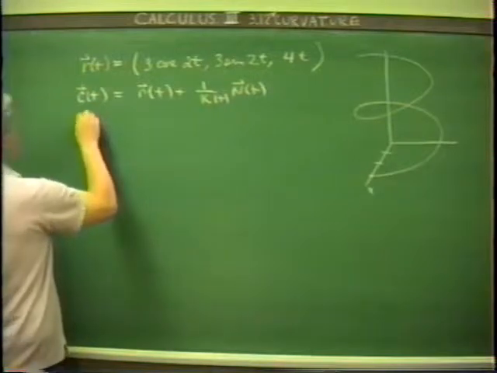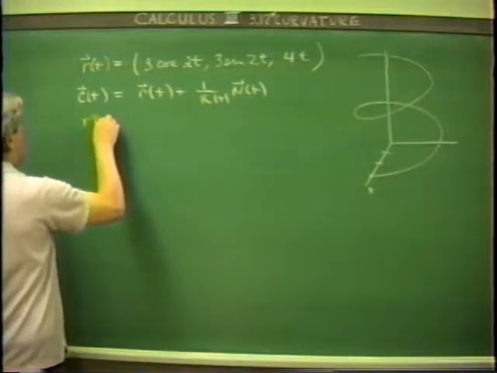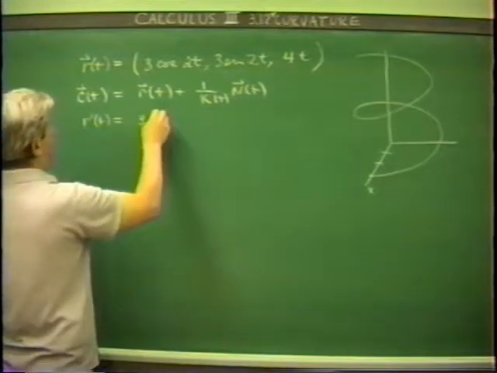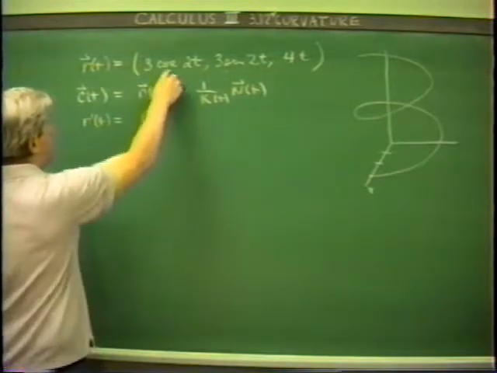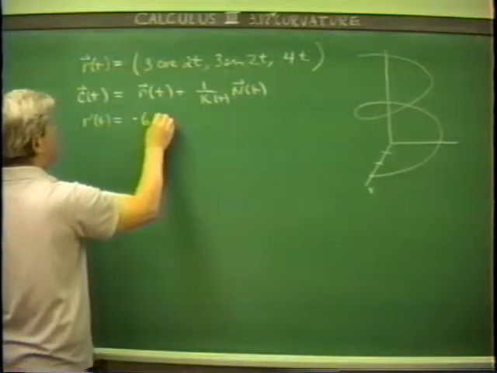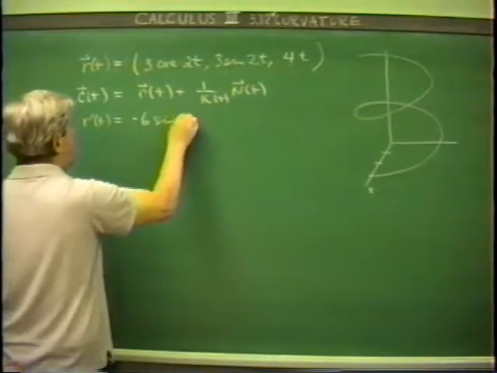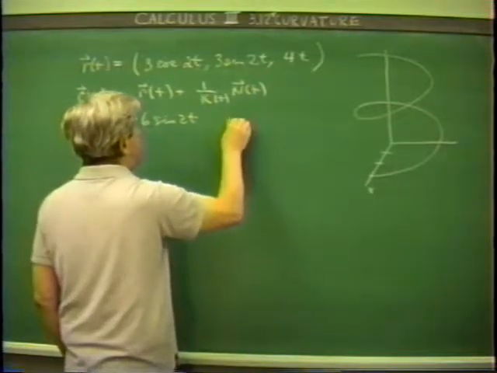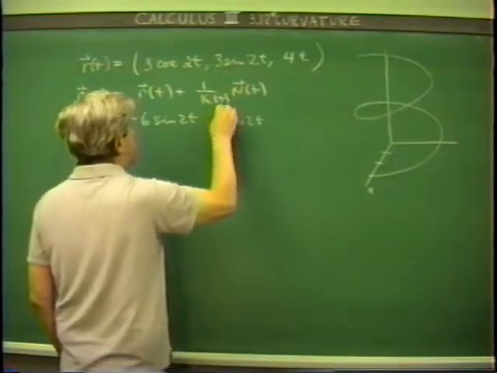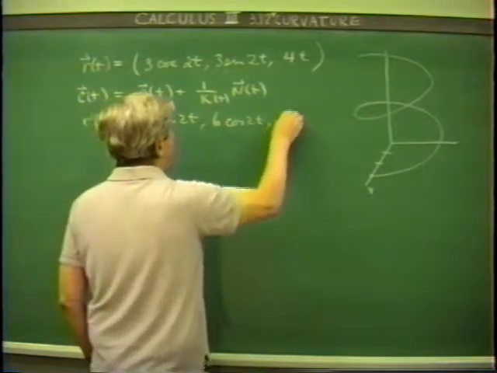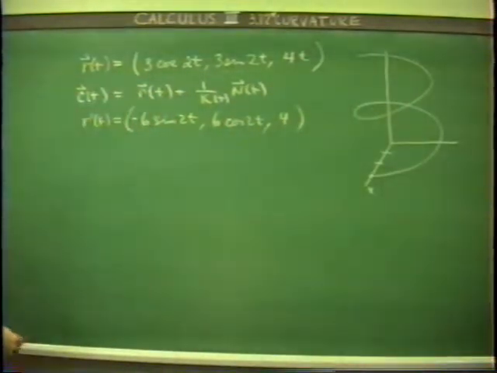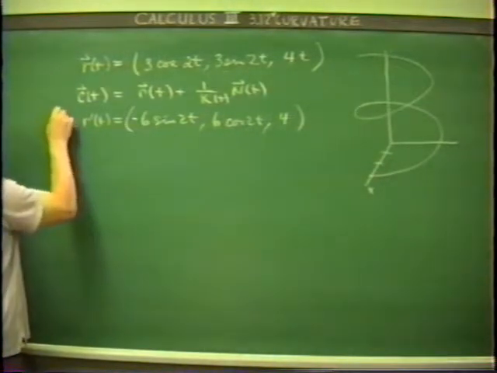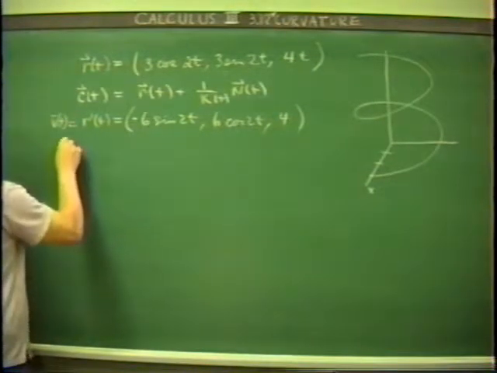So we want r prime of t. Derivative of cosine is minus the sine, so it's going to be minus 6 sine 2t. Derivative of sine 2t is cosine 2t times 2, so 6 cosine 2t and 4 here.